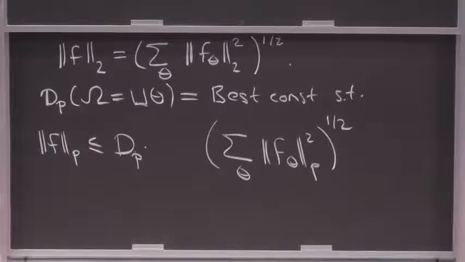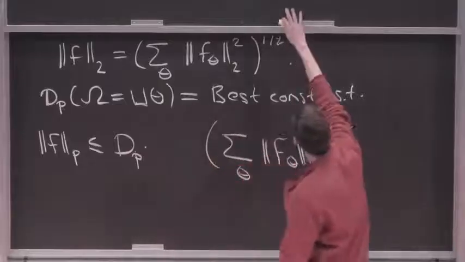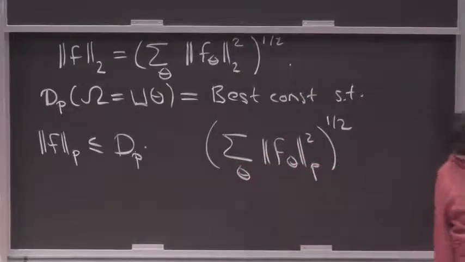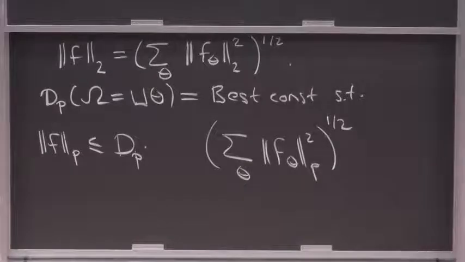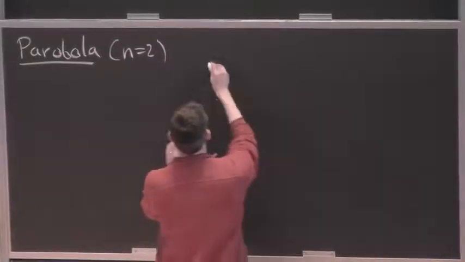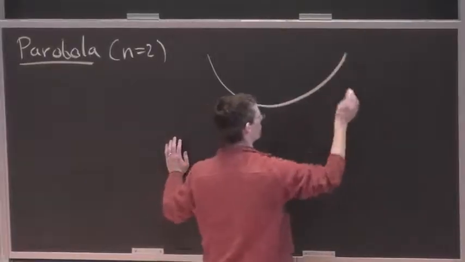OK, so let me give you an interesting example of a region omega and a way of cutting it up into pieces theta. We're going to look at the parabola. The parabola lives in 2 dimensions. So here's my parabola.